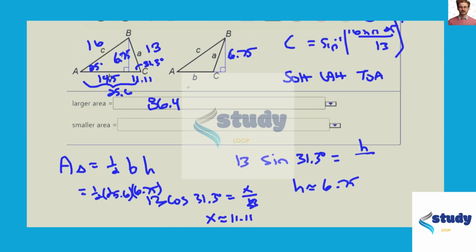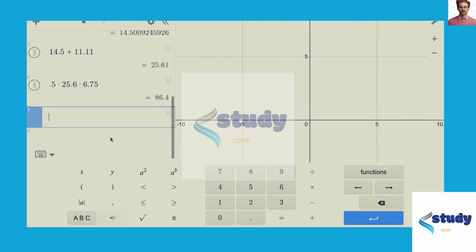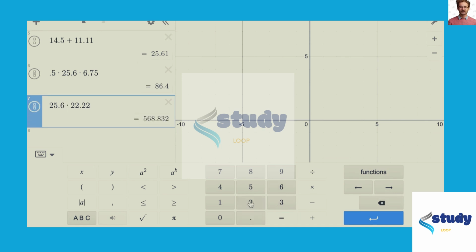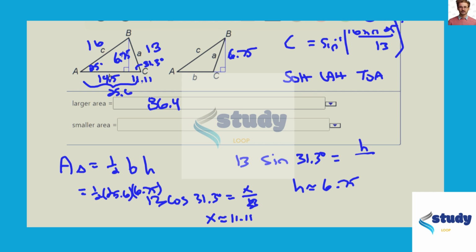The smaller one would be 25.6. We're going to the other side here, subtract 22.22. Which is 3.38.